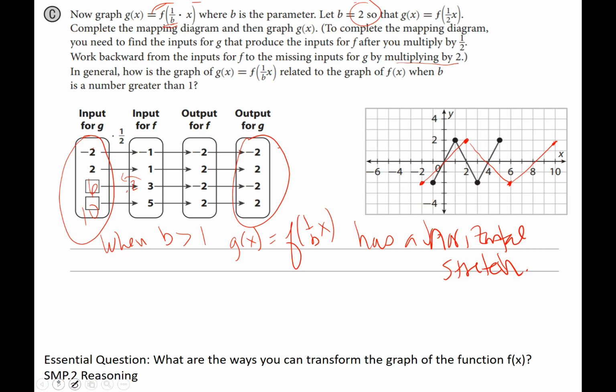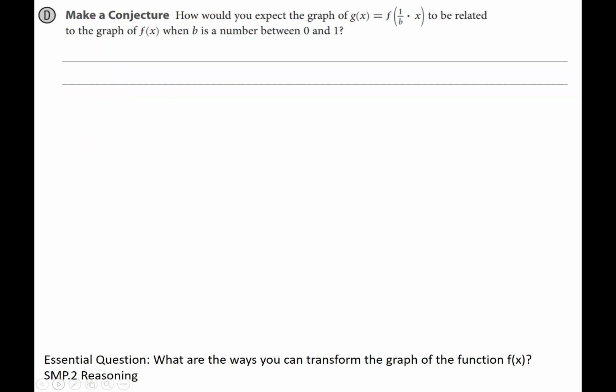All right, let's see what the make a conjecture says here. How would you expect the graph to be related when b is a number between 0 and 1? So let's think about it. It's got to be opposite, right? Because it was opposite last time. So if it's between 0 and 1, it's likely to be compressed, just like the other one was compressed.